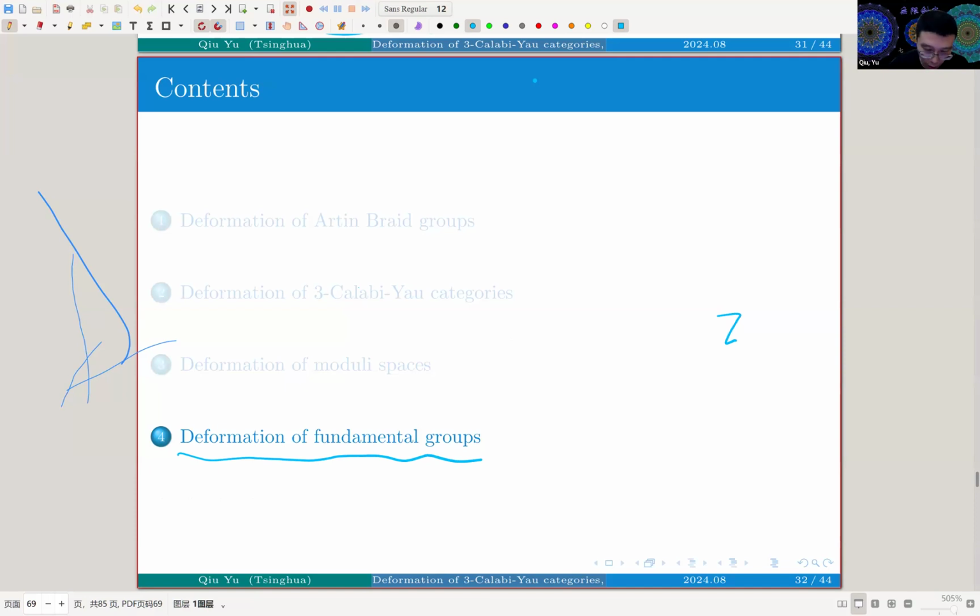People know how to classify connected components of the moduli space of k-differentials, not just quadratic. But for the fundamental group, at least as far as I know, it is not that easy. But now, together with the 3-Calabi-Yau category, we can do this work.